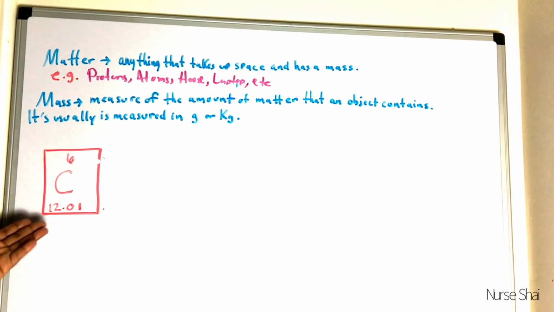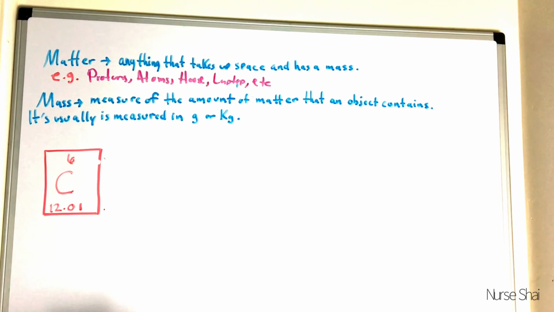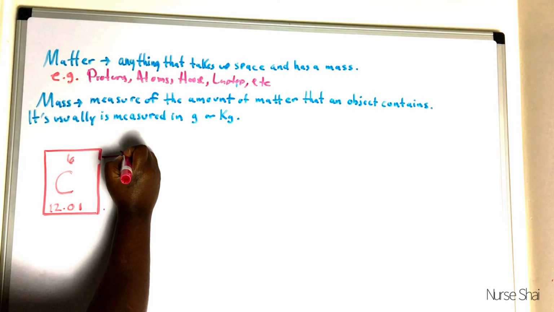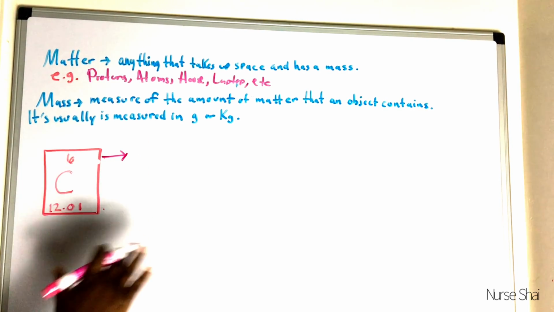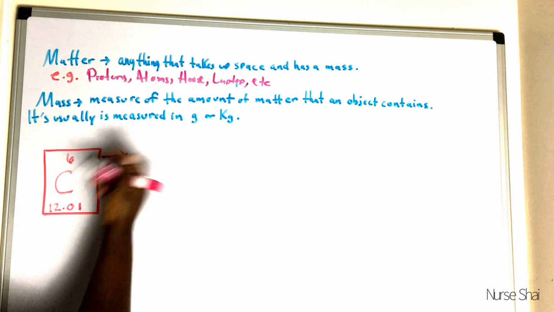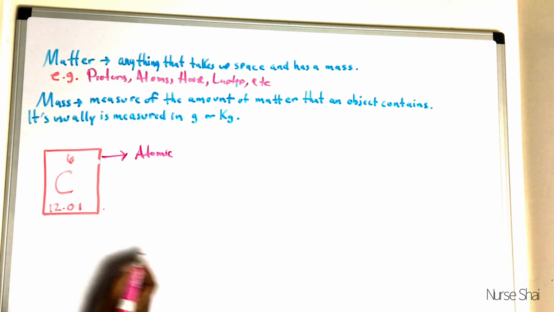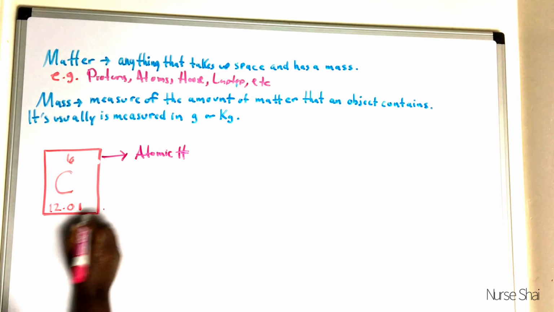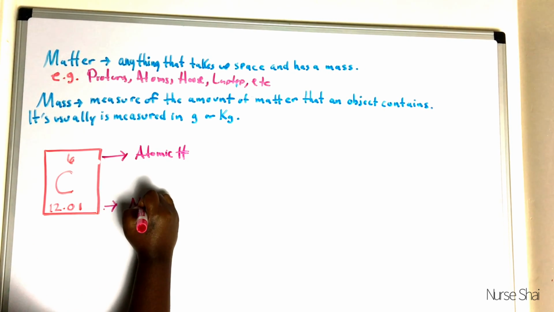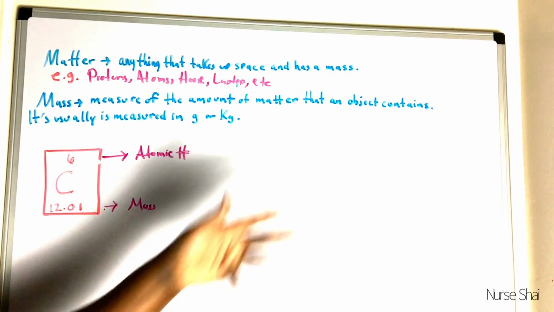Okay, so as you can see, we have an element, carbon here, and it's very, very simple. I'm going to break down these different parts because I'm pretty sure this is on the test. So this number here is called the atomic number. And this number here is the mass. And once again, a mass is a measure of the amount of matter that's in the object, okay?